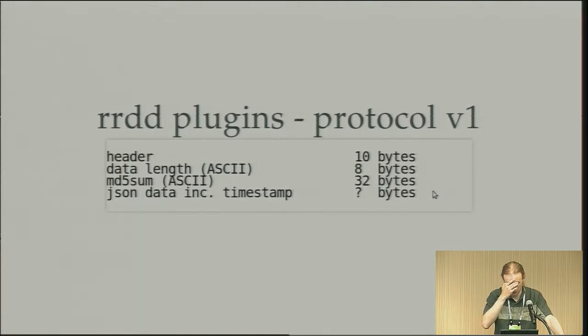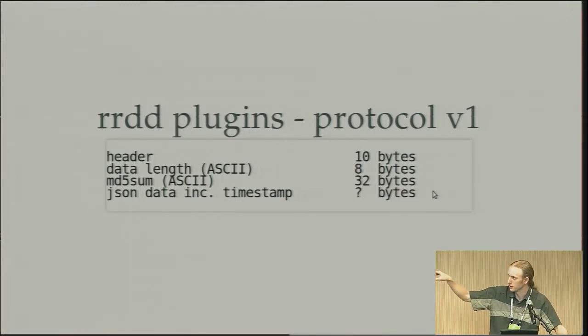So the protocol, this was the original protocol. We had a fixed hard-coded header string just so we could make sure that there wasn't complete rubbish in the shared file or the shared page. Then everything else was ASCII and human readable. So we had an ASCII hex length which took up 8 bytes, an MD5 sum of 32 bytes, and then a big blob of JSON at the end.